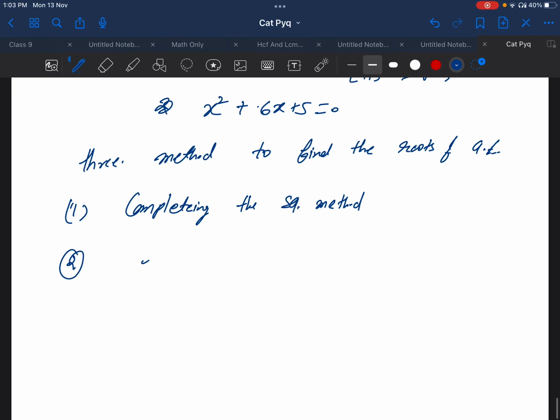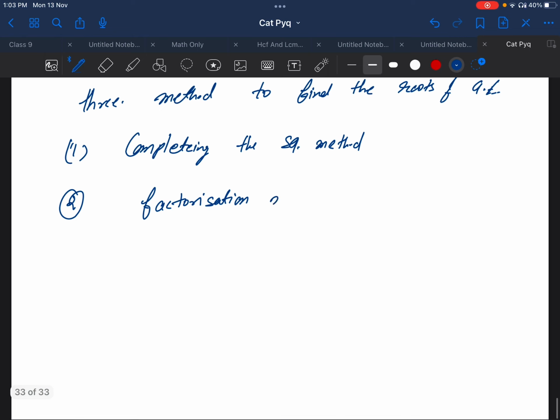Second is the factorization method. And third is the quadratic formula.